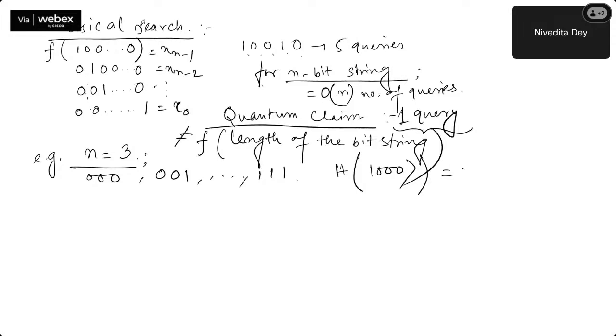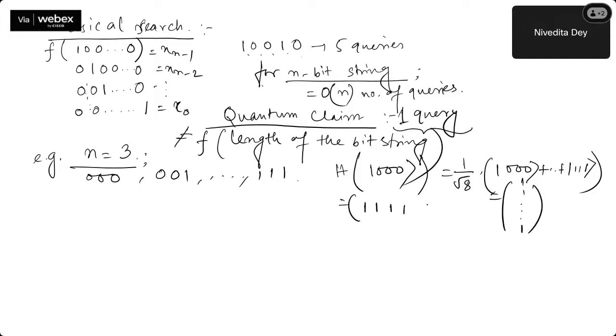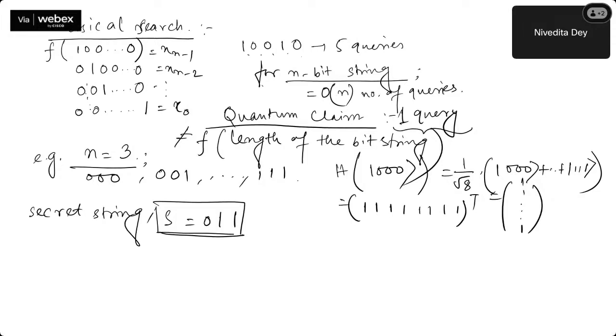It will give all the ones, that is 1 by root 8 times states 0, 0, 0 to 1, 1, 1, which is nothing but all the 1s. Or in this way you can also write 1, 1, 1, 1, then 1, 1, 1, 1, transpose, something like that. Say for example my secret string that I want to find is s equals 0, 1, 1. This is the secret string that I want to have as an output.